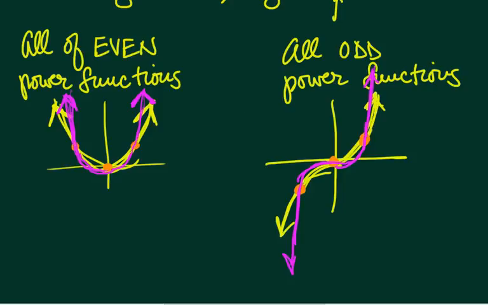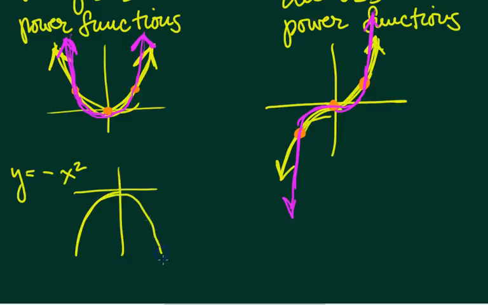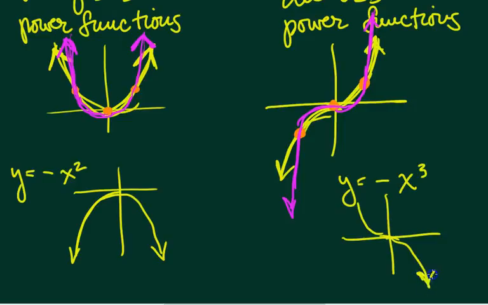Now, just in case we have a negative leading coefficient on our power function, so for instance y is equal to negative x squared, well, we know that that's a reflection over the horizontal axis, and y equals negative x to the third is also a reflection of x cubed over the horizontal axis.